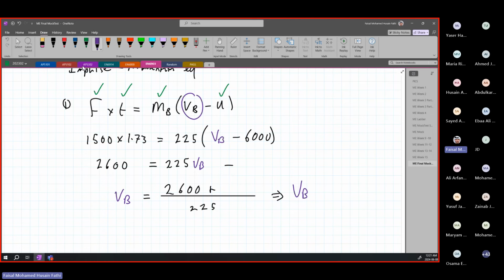So 225 times 6,000, which is 1.35 million, 1,350,000. So this is going to be plus over here 1,350,000 plus 2,600 divided by 225. You get VB is equal to 6011.56 meters per second. Same exact value.